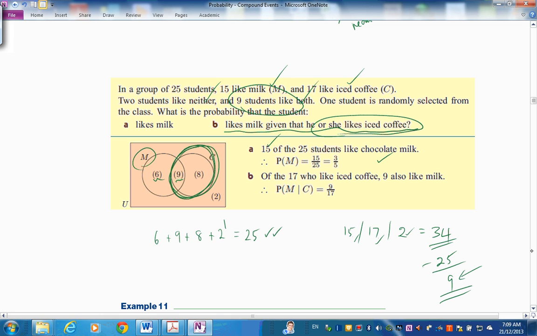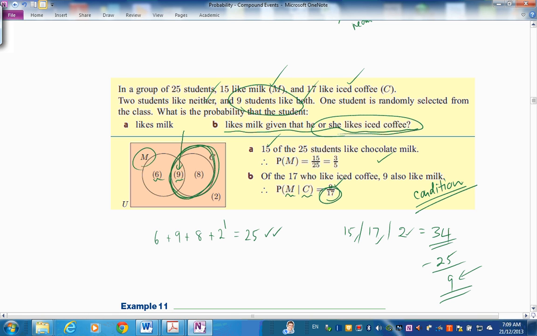Get the idea? We know that she likes iced coffee. What's the chance of liking milk? It's that 9 there. We're also in the milk likers. So milk given likes iced coffee is 9, not out of 25 but 17, due to the condition that we've placed on the probability.